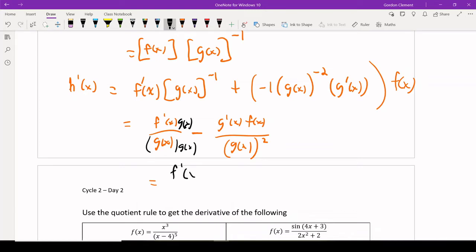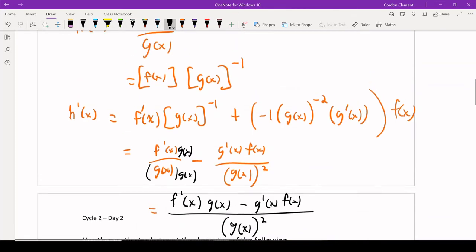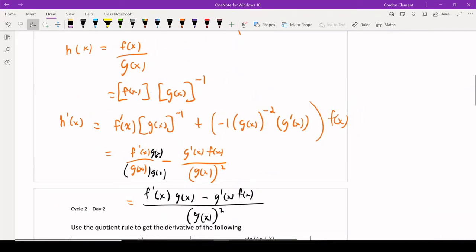And we have our formula. So there's the proof of the quotient rule. And so this technique totally works.